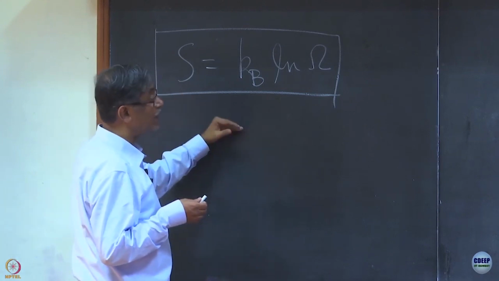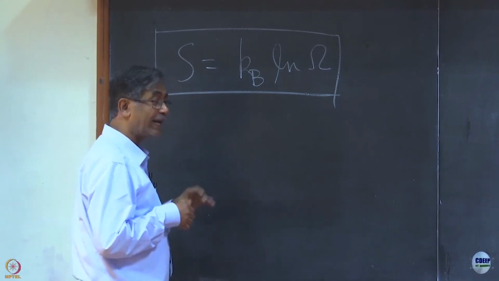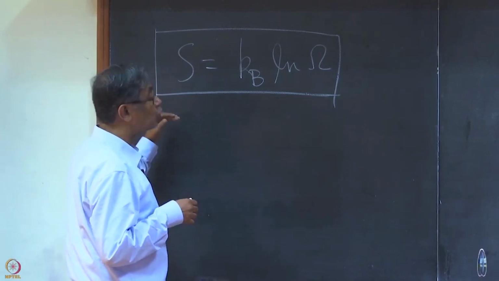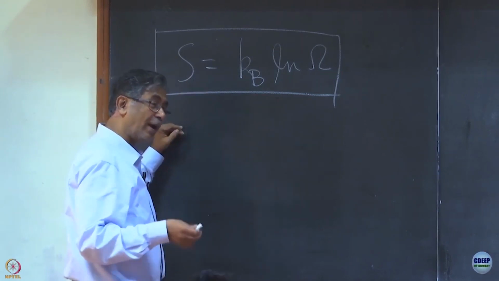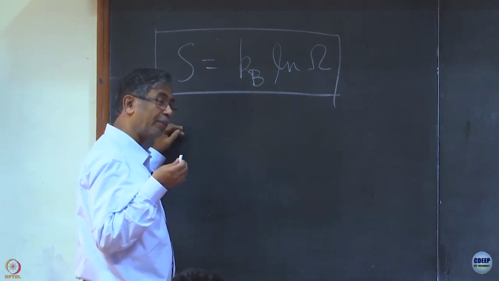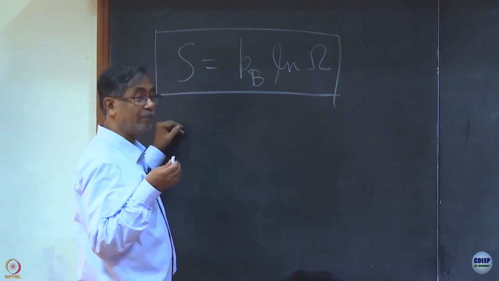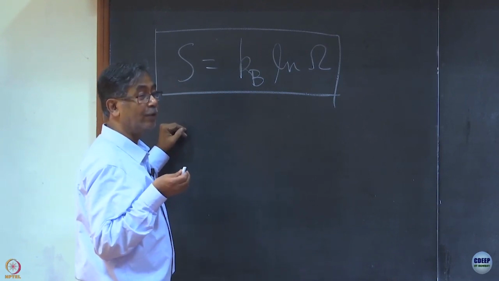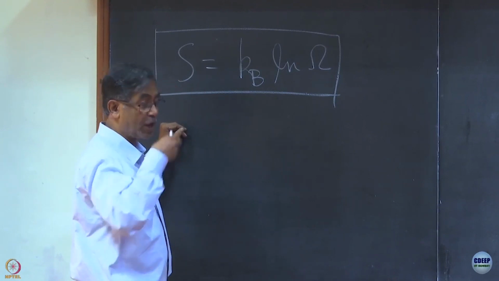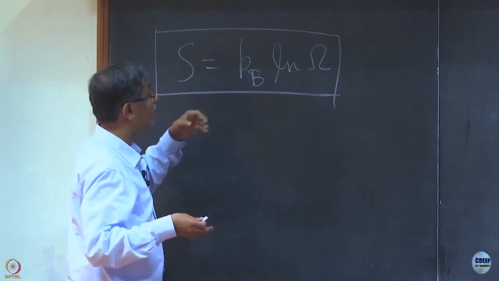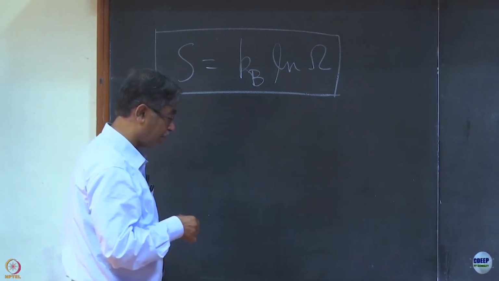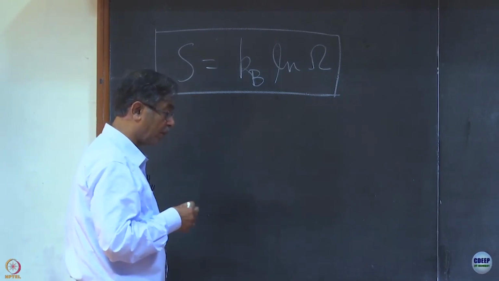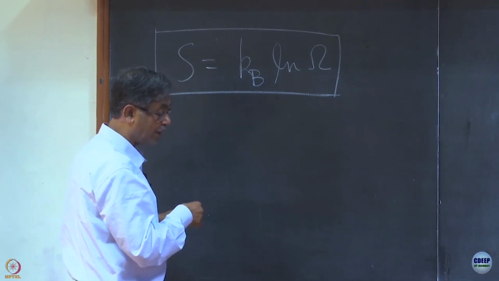But this also should be regarded more as a postulate, except that one can show, unlike the two postulates, where you cannot prove them a priori, you prove them a posteriori. Similarly here, there is no a priori proof of that.